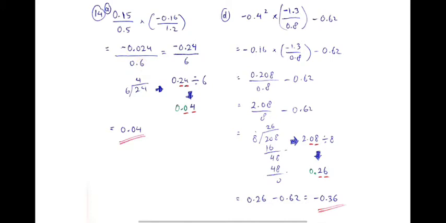It will become 0.24. That means the first 0 is omitted because we don't need it anymore. So 0.24 divided by 6, we'll just have 24 divided by 6 first, which is 4.